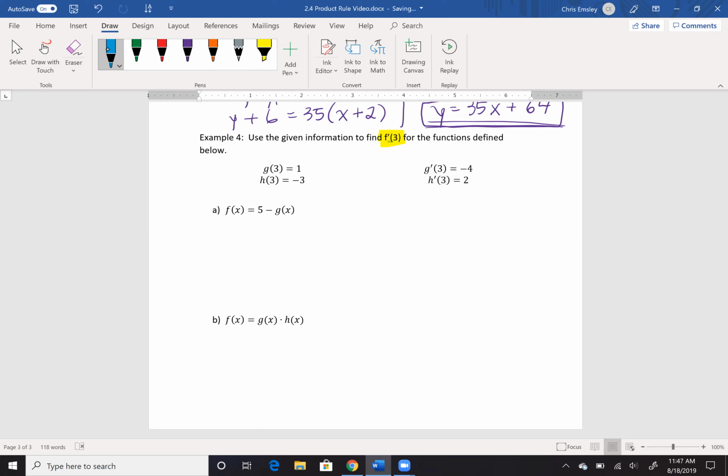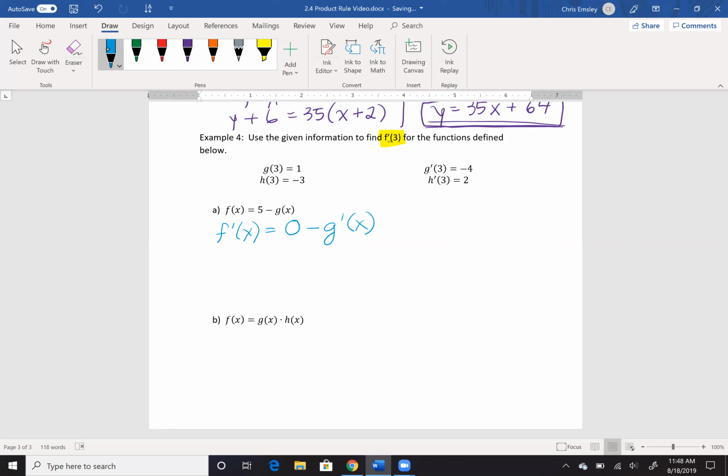So they give us f of x. To find the derivative, we are going to apply our differentiation rules, even though this looks a little different than the functions we've been working with so far. We still apply the same rules. 5 is a constant, so the derivative of 5 is 0. G of x is just going to be, rather than actually calculating the derivative, we're just going to label it g prime of x.